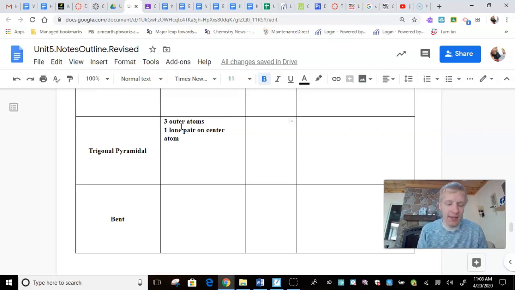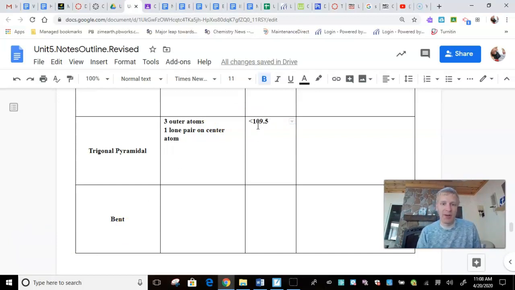That makes the bond angle less than 109.5. Let me find the less than sign. Okay, I found the less than sign on the keyboard here. Less than 109.5.